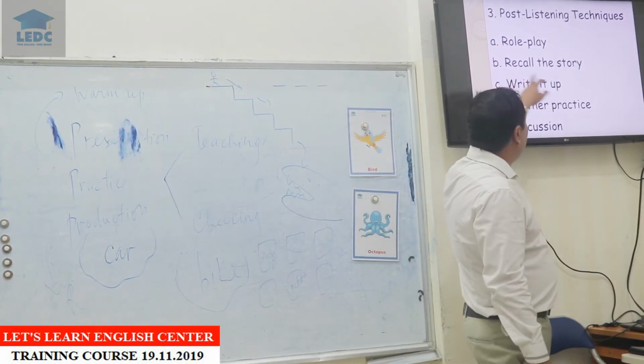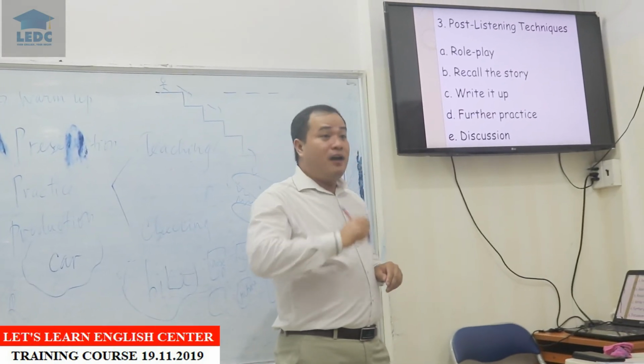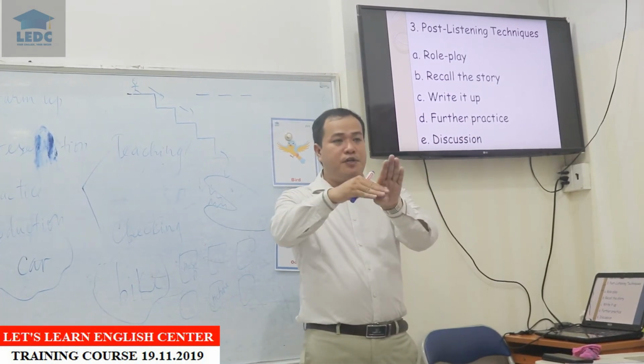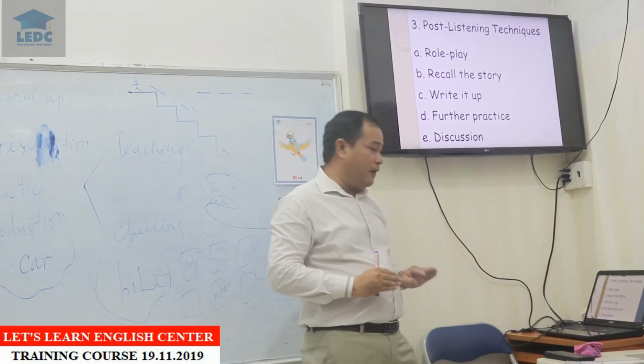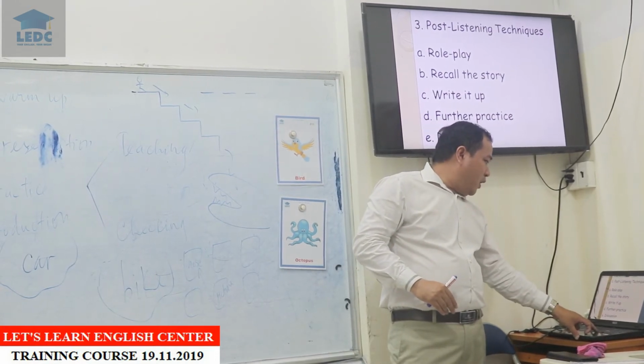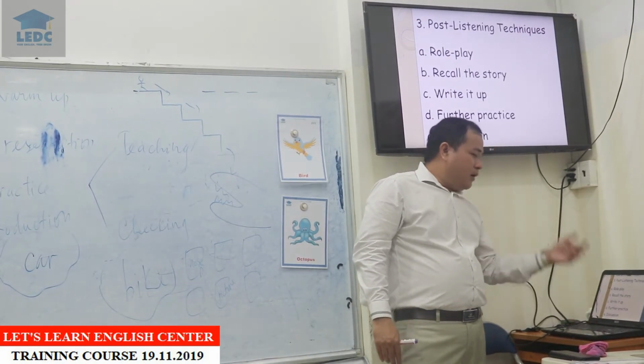Or you can recall the story, write it up, let them do free writing about the topic, right? For the practice or discussion. Discussion: you give them 3 questions to discuss about the topic, right? It depends, right? So this one is for teaching the techniques in reading.